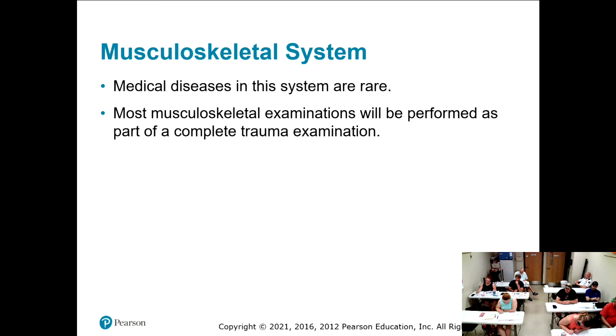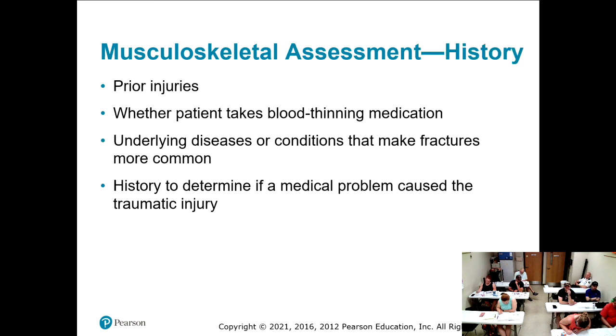Those are the times that we're typically going to see those patients. Prior injuries, like when they break their back. We have someone in town that is a paraplegic that we deal with quite often. He became a paraplegic from a diving accident. Those types of things we want to know about.